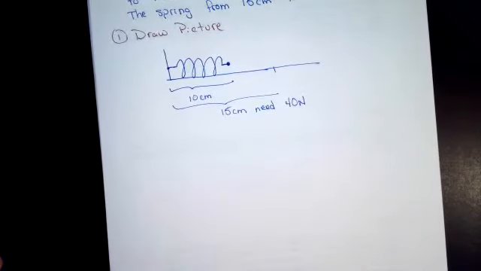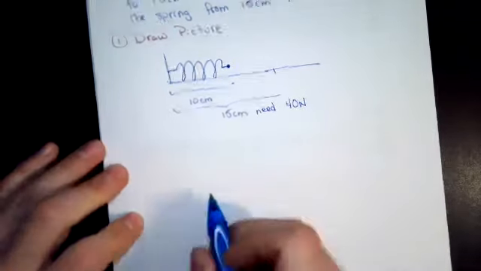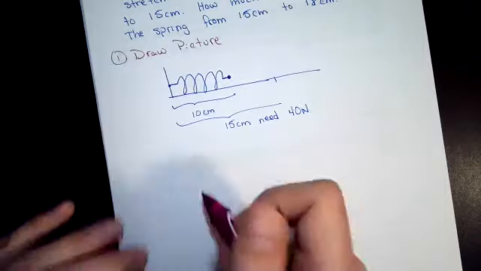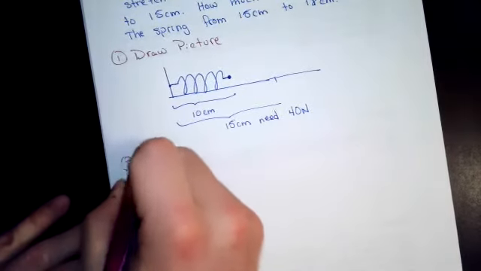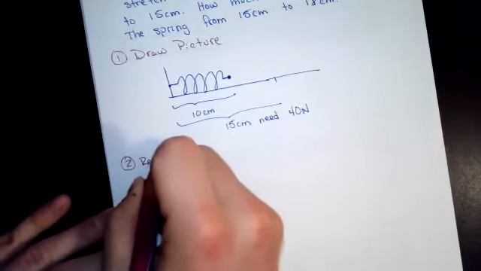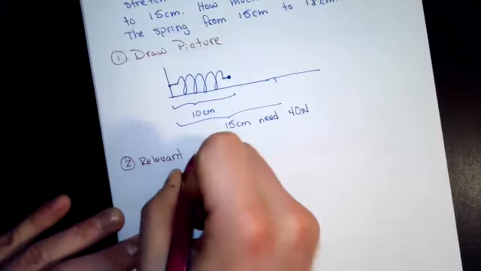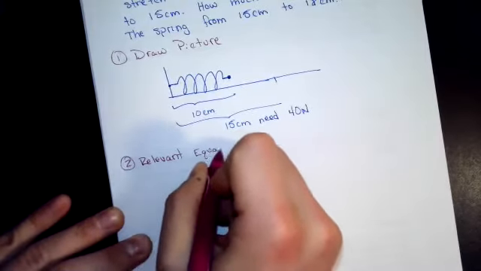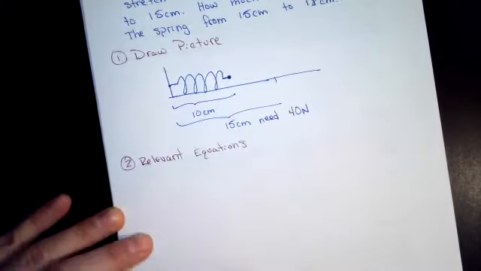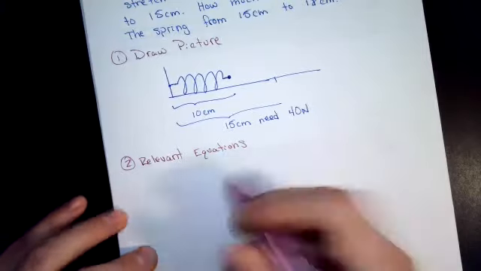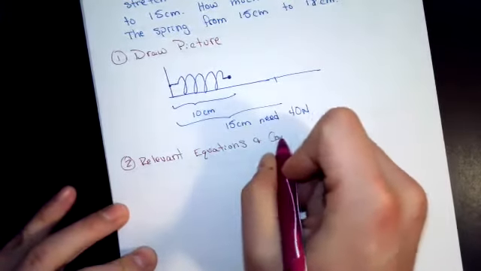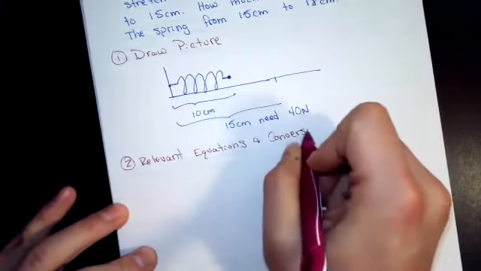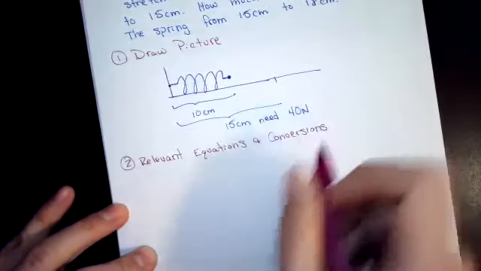So let's write down some things. So my step 2 is almost always assign variables. But for these types of problems, let's also write down relevant equations, as well as, I will say, conversions, because these are actually important, especially for work problems.